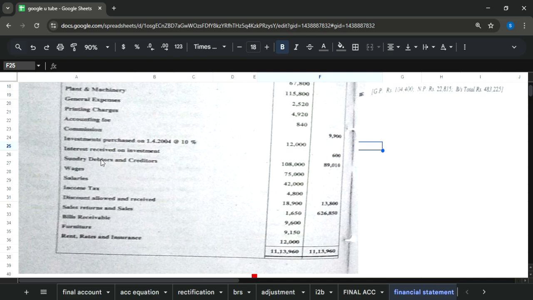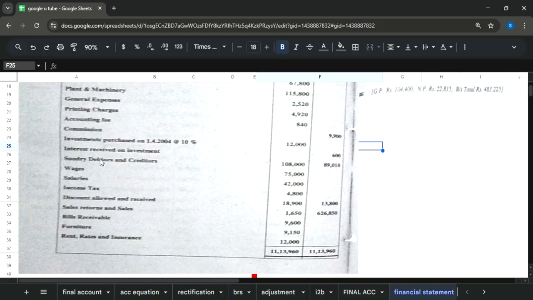Now next is sundry debtors and creditors. First, you can use your common sense. If debtors are written as first element, so first amount would be considered as debtors, and respectively 89010 would be considered creditors. Secondly, debtors are your assets.